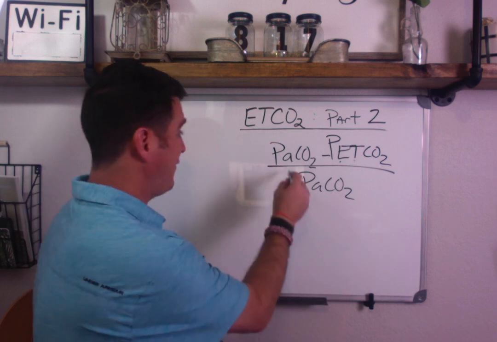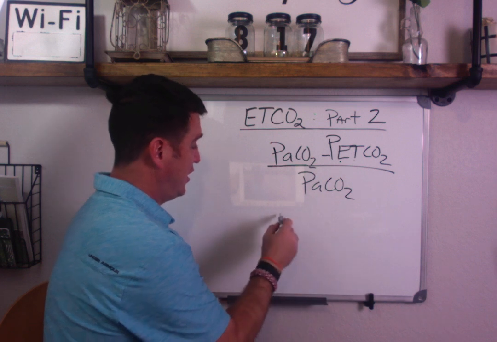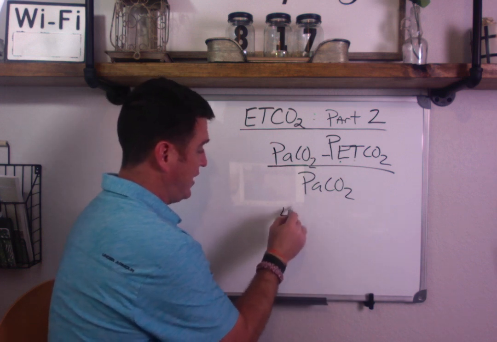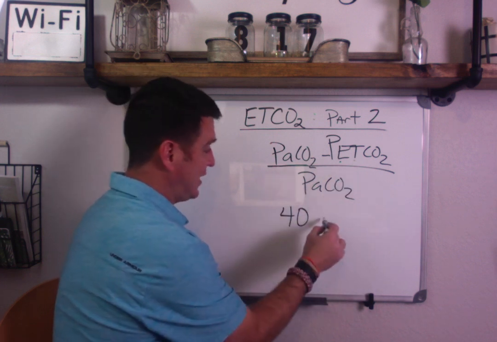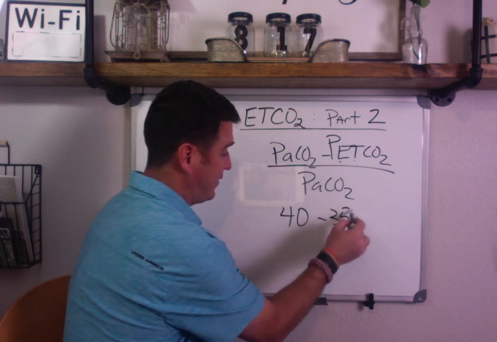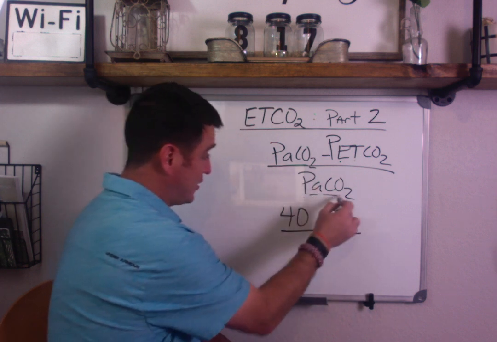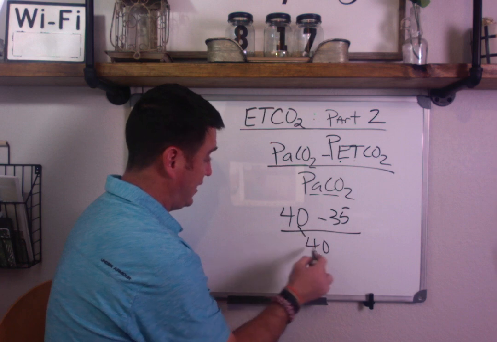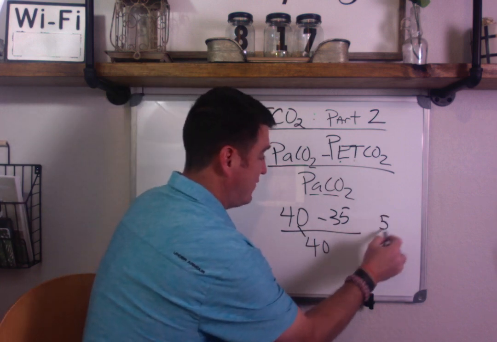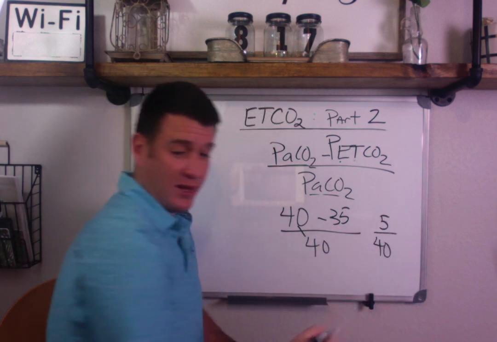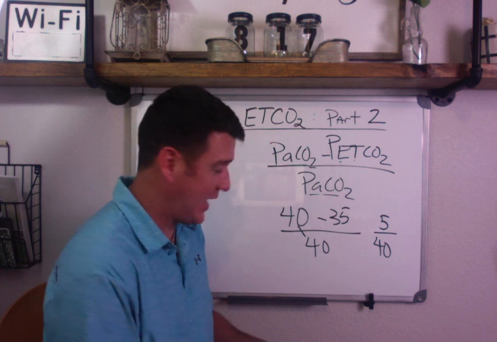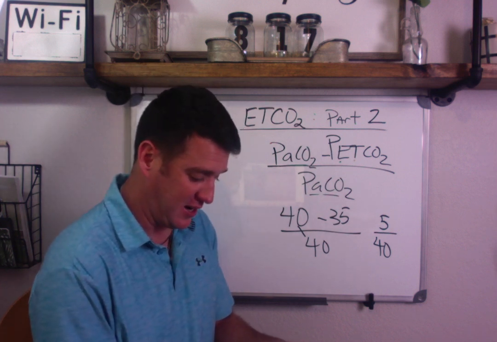So if you have an arterial CO2 of let's say 40 and your end-tidal CO2 is 35, and your arterial CO2, like we said, was 40, then what you have is 5 over 40. Now, when we assess 5 over 40, we do this math.